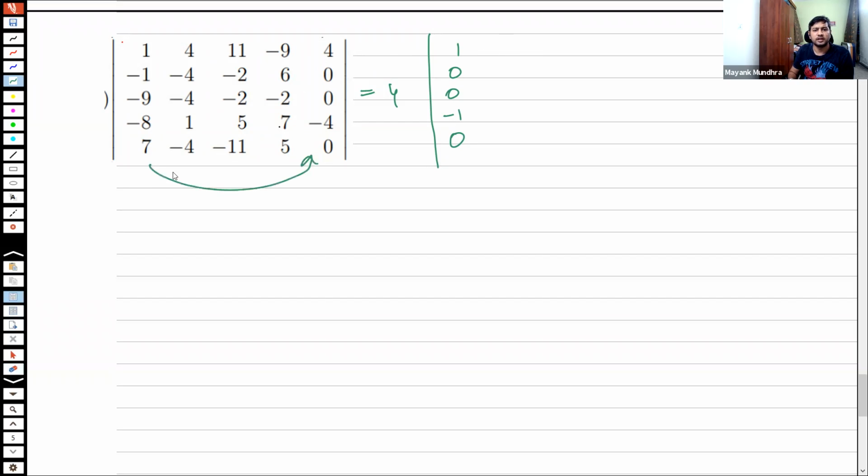So I'm doing this exchange, so I'll put a minus sign in front of it. 4 minus 4 minus 4 1 minus 4. 11 minus 2 minus 2 5 minus 11. 9 6 minus 9 minus 6 minus 2 7 5, and the first row now comes to the end. 1 minus 1 minus 9 minus 8 and 7.